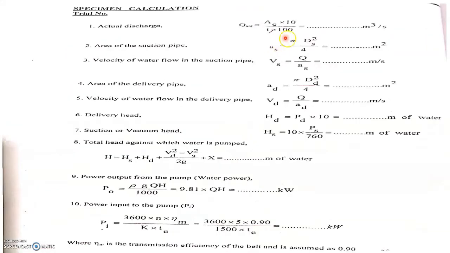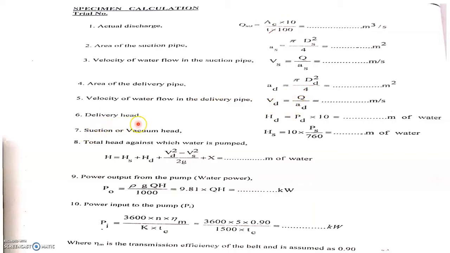That value we need to put here itself. And from that Q actual, you need to find the velocity of flow of water in suction, that is Q by AS. Okay, that you need to find. You need to find the area of the pipe. You need to find the velocity in the delivery pipe, that is VD equals Q by AD, that you need to find.